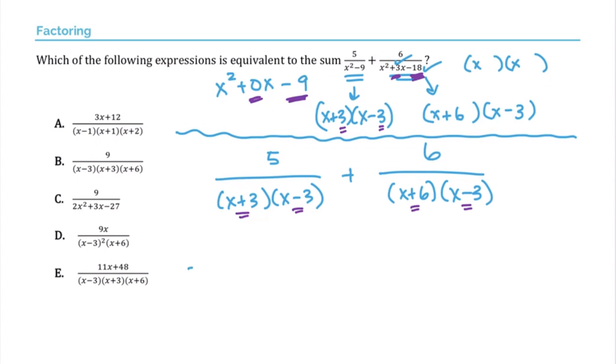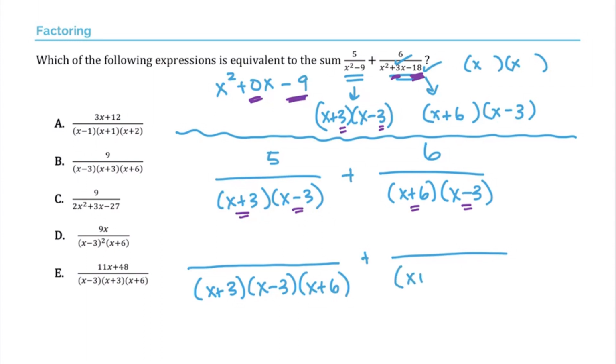That means that my common denominator with these two fractions is going to be x plus 3, x minus 3, and x plus 6. So again, I'm going to write that out for both pieces, and then we'll review how we get that and how we need to simplify.